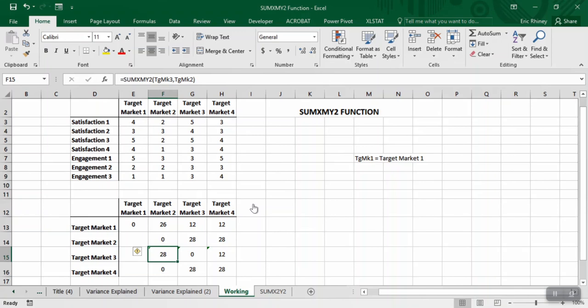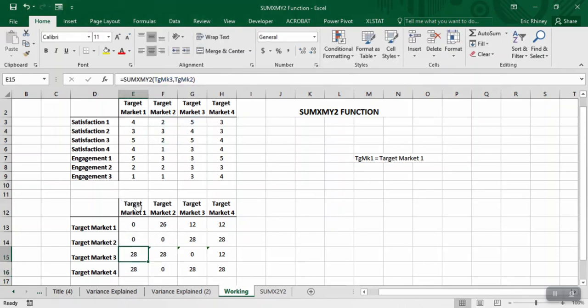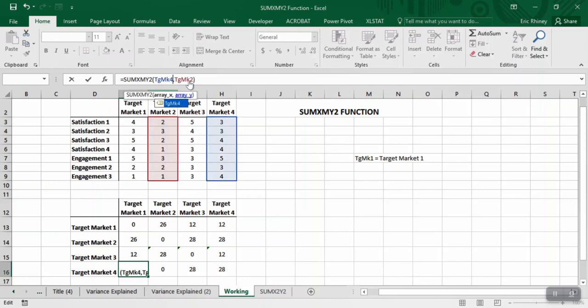And if I want to copy and do it here, we could do it this way as well. And this is going to be 2. And this should be 1 actually. And this will be 3 and 1. And this will be 4 and 1.